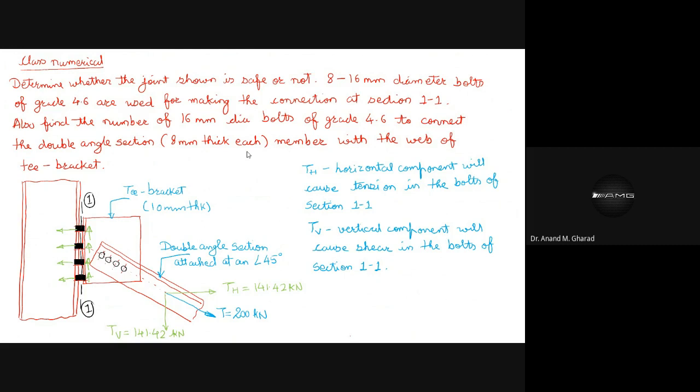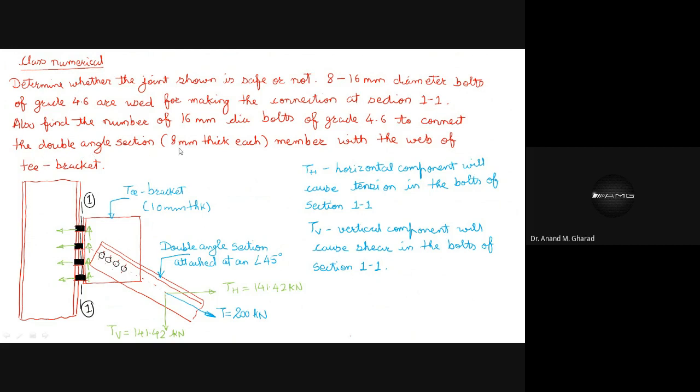So what else is given in this numerical? That there are 8 bolts whose diameter is 16 mm. Grade of the bolt 4.6. They are used to make connection at section 11. ये specifically mentioned है. Also find the number of 16 mm diameter bolts of same grade 4.6 to connect the double angle section.